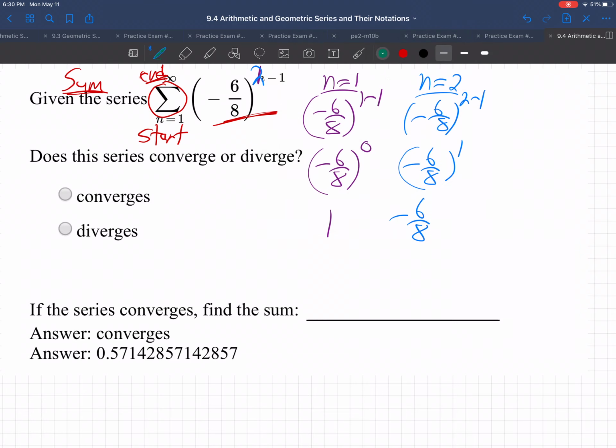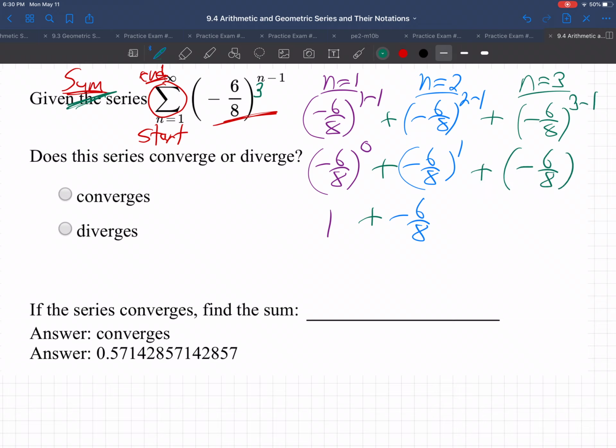Let's plug in, and we're going to add. We're adding these up, right? Because it's sum. It's a Greek S. Let's plug in 3. Minus 6/8. I'm going to plug in a 3 right here now. It's getting a little scribbly there. 3 minus 1. Minus 6/8 to the 2.